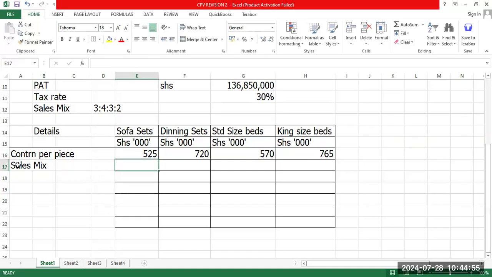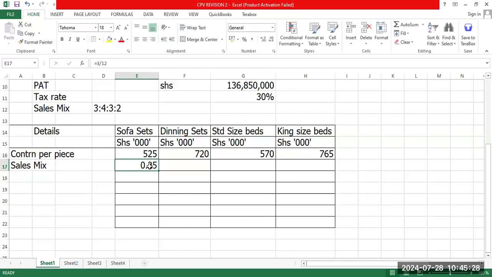So we need to convert. These are our batches, sales mix in batches. How can you convert these into decimal points or percentages? If you want for sofa set, you get 3 over what is the total? This plus this plus this plus this. That is 12, isn't it?